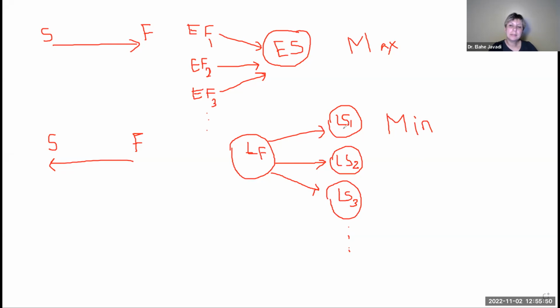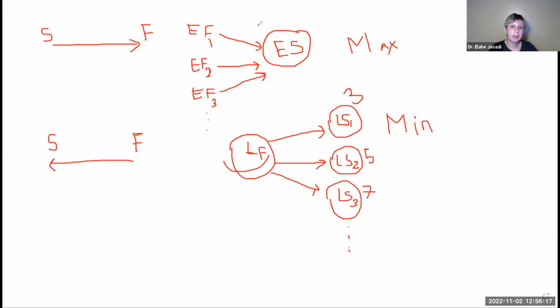Why? Because if there is a task that needs you, and the latest it can start is day 3, and then you have 5, the latest it can start is 5, the latest it can start is day 7. It means that for your task, the latest it can finish is day 3, because this is the latest that one of your successors can start. So there is this opposite way of doing things.